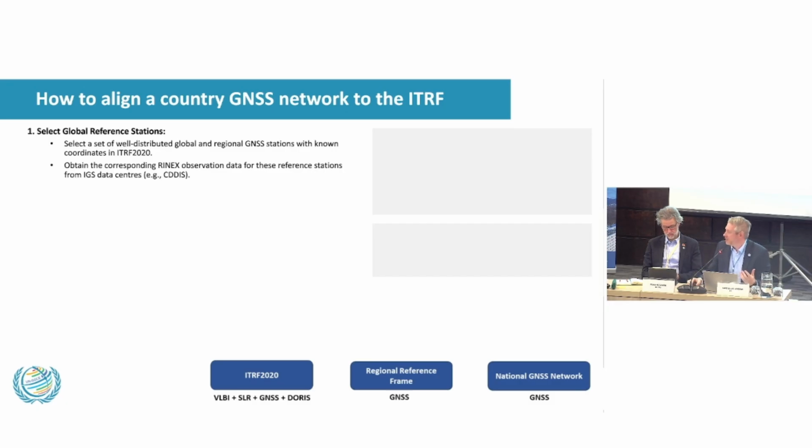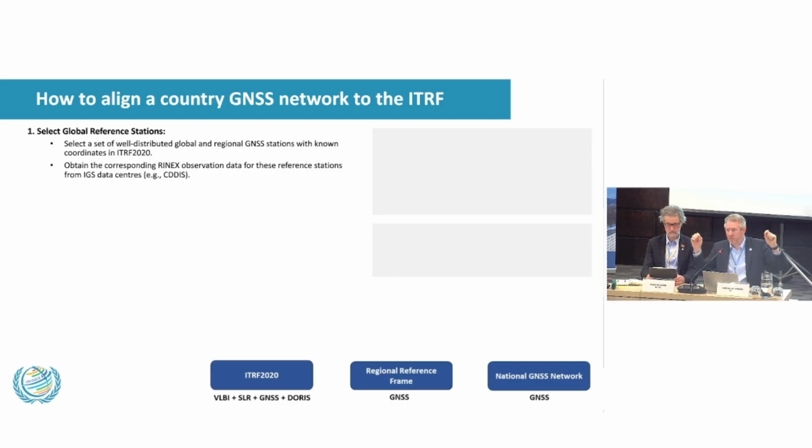So if you think about a scenario where SIRGAS is analysing all of that GNSS data, it's using information from within the Americas, but it's also using internationally recognised sites from around the world. So when they are doing the GNSS analysis of the data from the Americas, they're including sites from Australia and Europe and the Pacific and Asia.